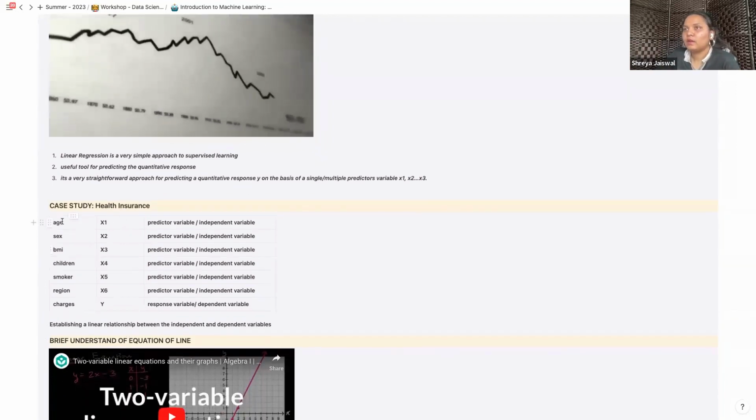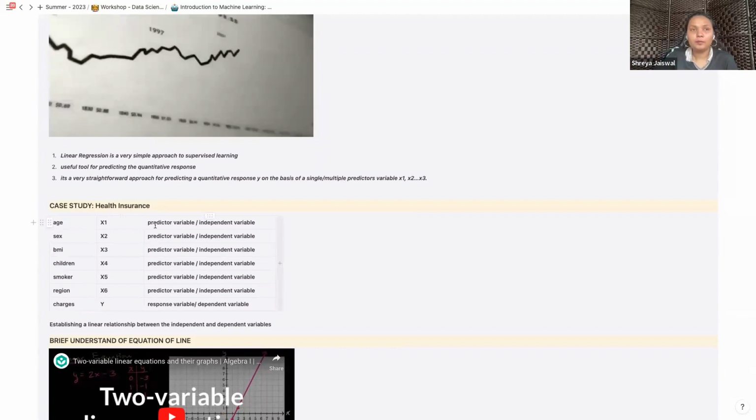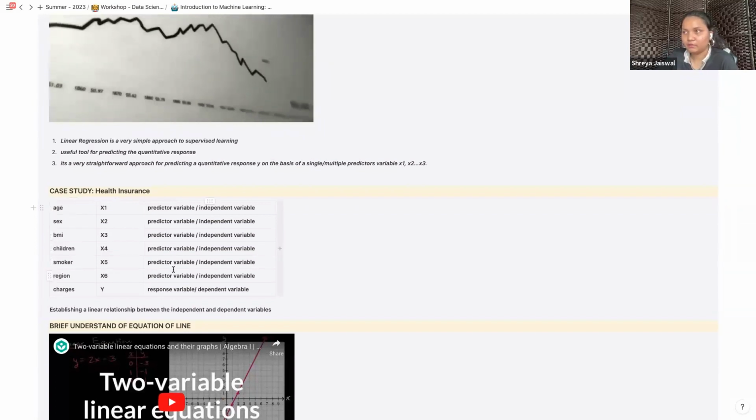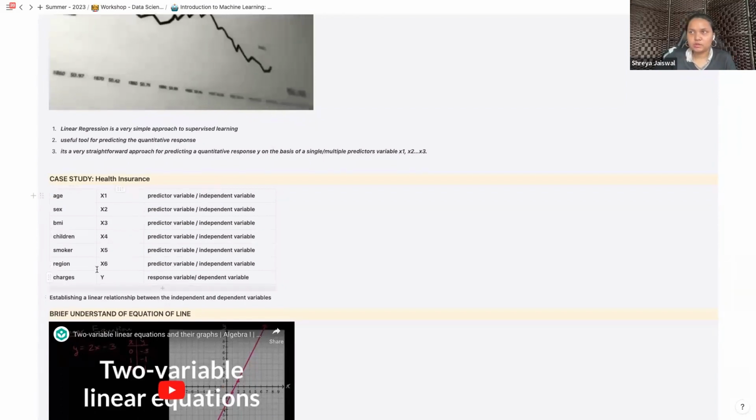So here, age we can consider to be our predictor variable. Predictor variables are also known as independent variables. All my first 6 features or columns are my predictor variables or independent variables. My charges, which is y, is my response variable.